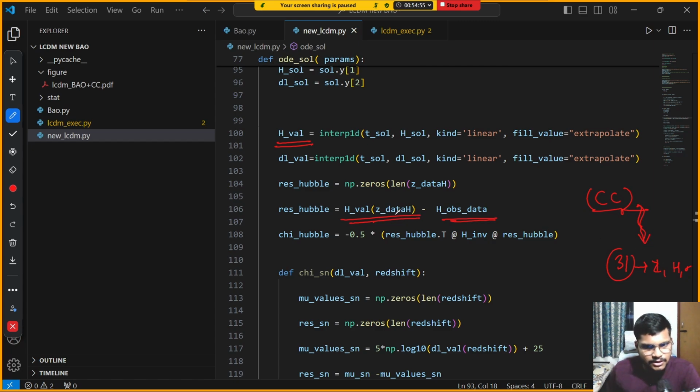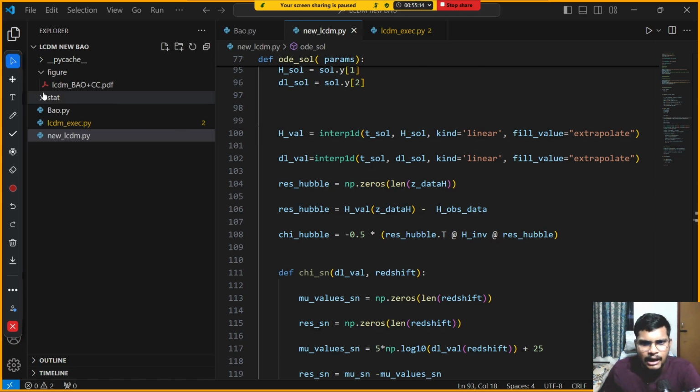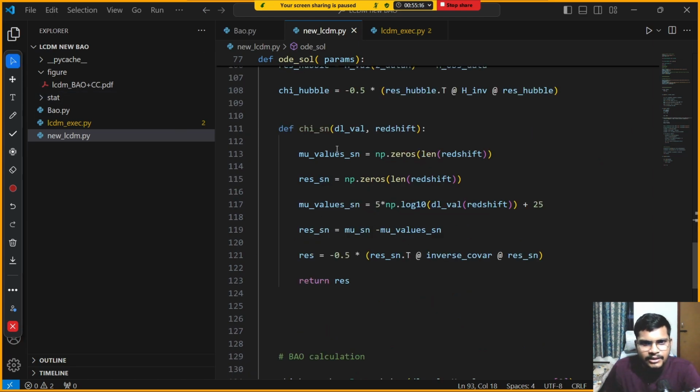As data, the H value is coming out from my model, and there is chi-Hubble square. Right, so I have everything now and am calculating it. Now I am not using the sum, I am just using matrix multiplication. I converted everything into a matrix. So that's all.